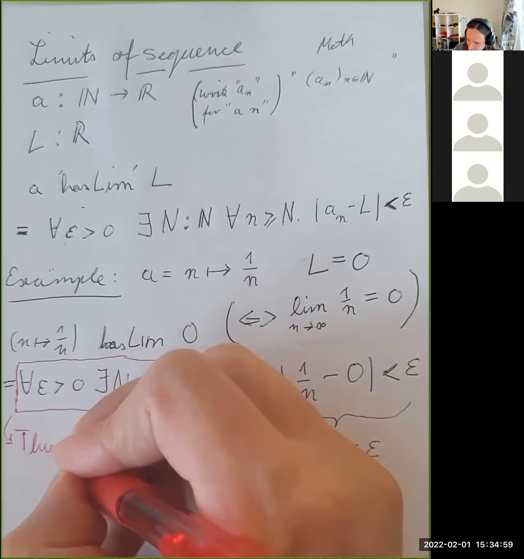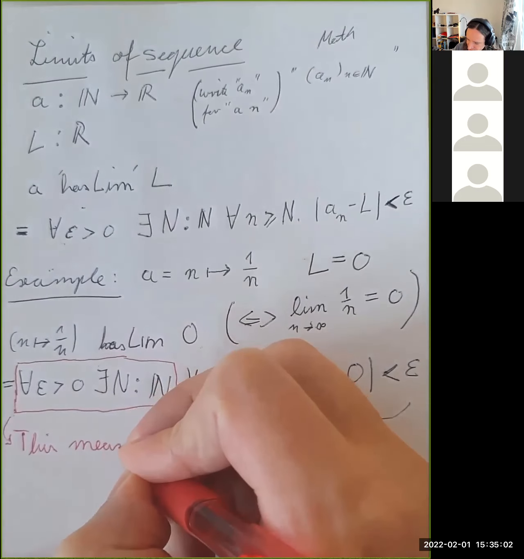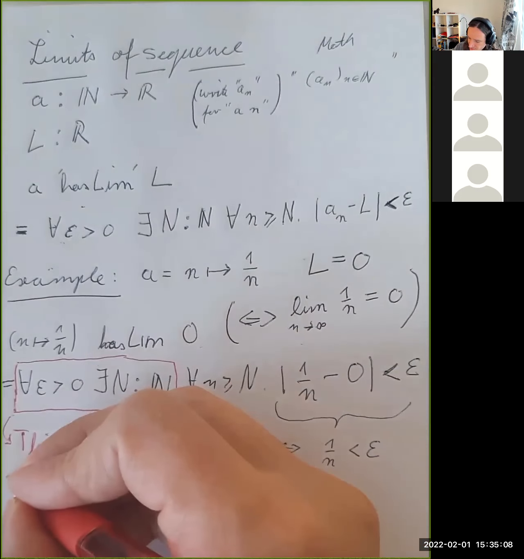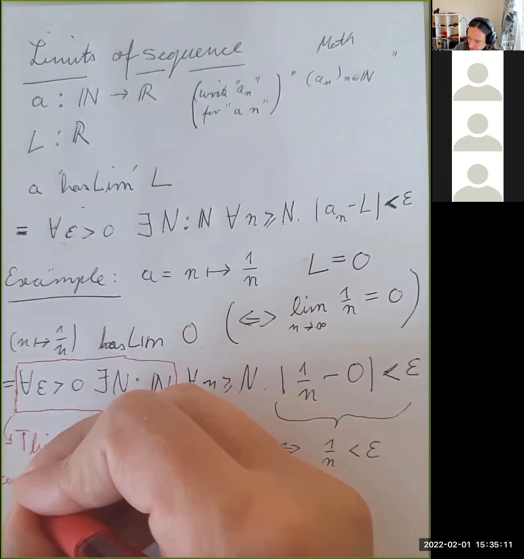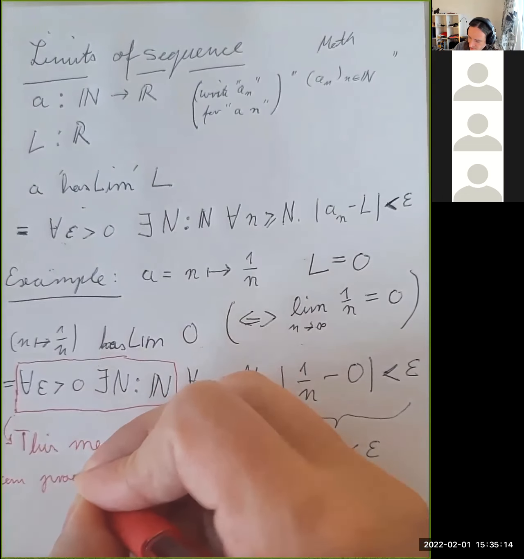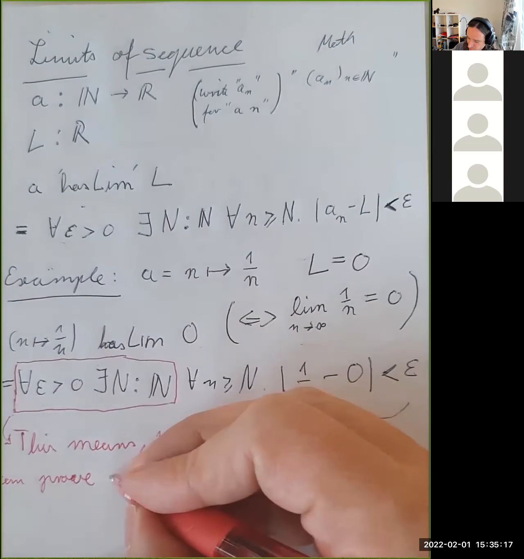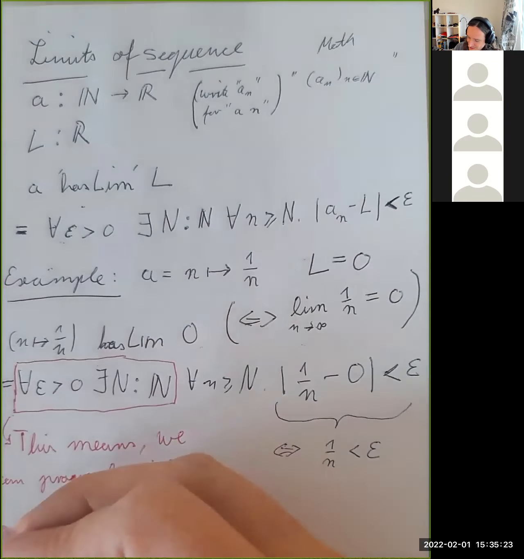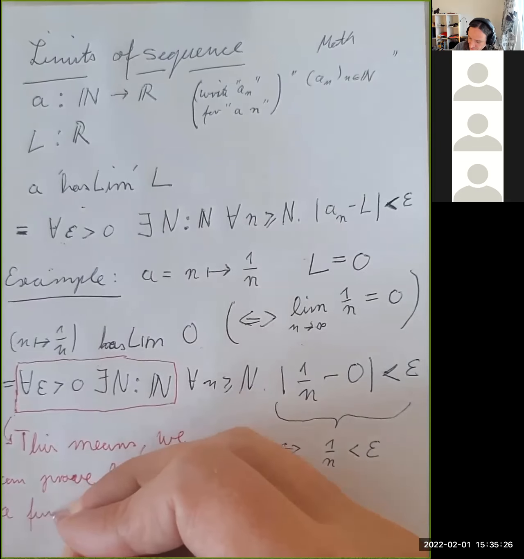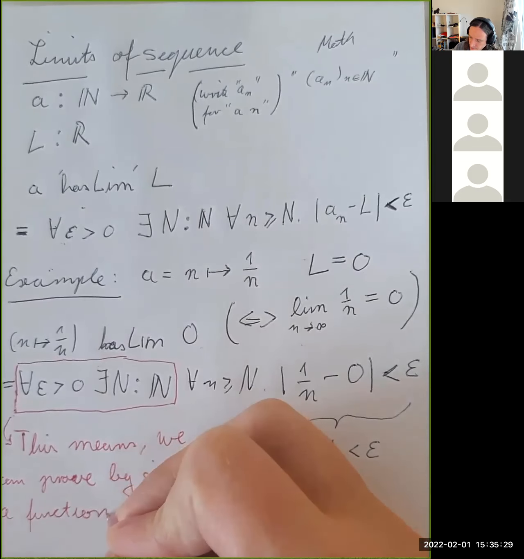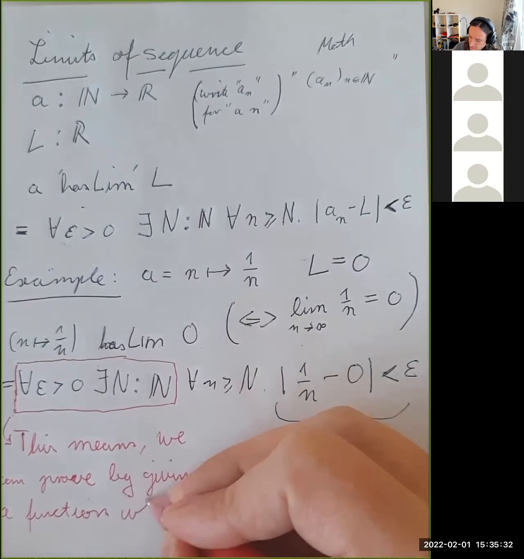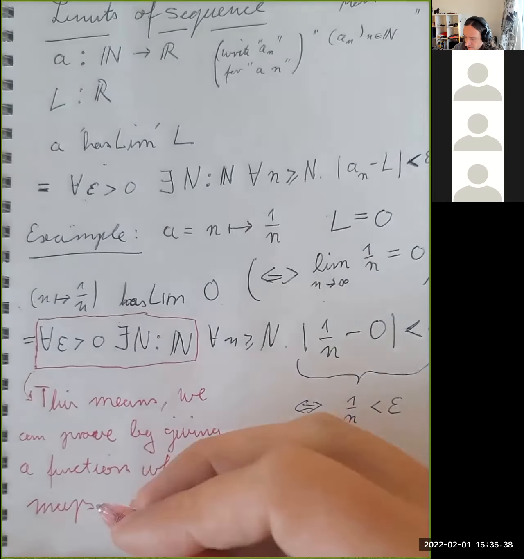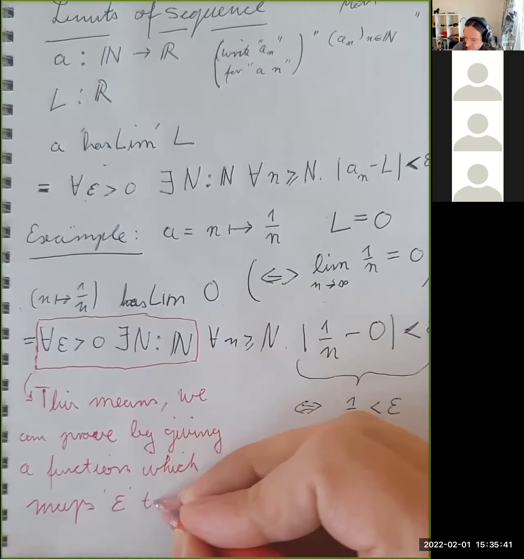So this means we can prove it by giving, it's not good grammar, sorry, a function which maps the epsilon to n.